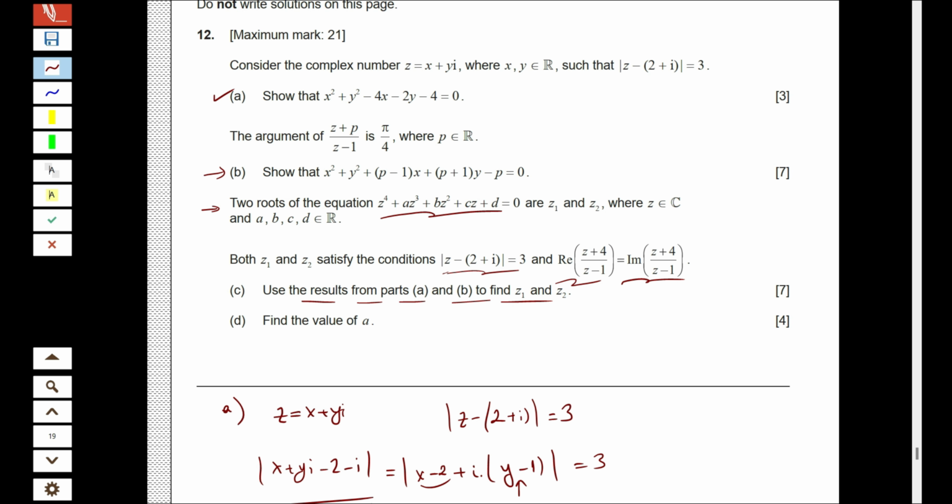So what we find in question A is that if the modulus is like this, equal to 3, we are finding this equation.